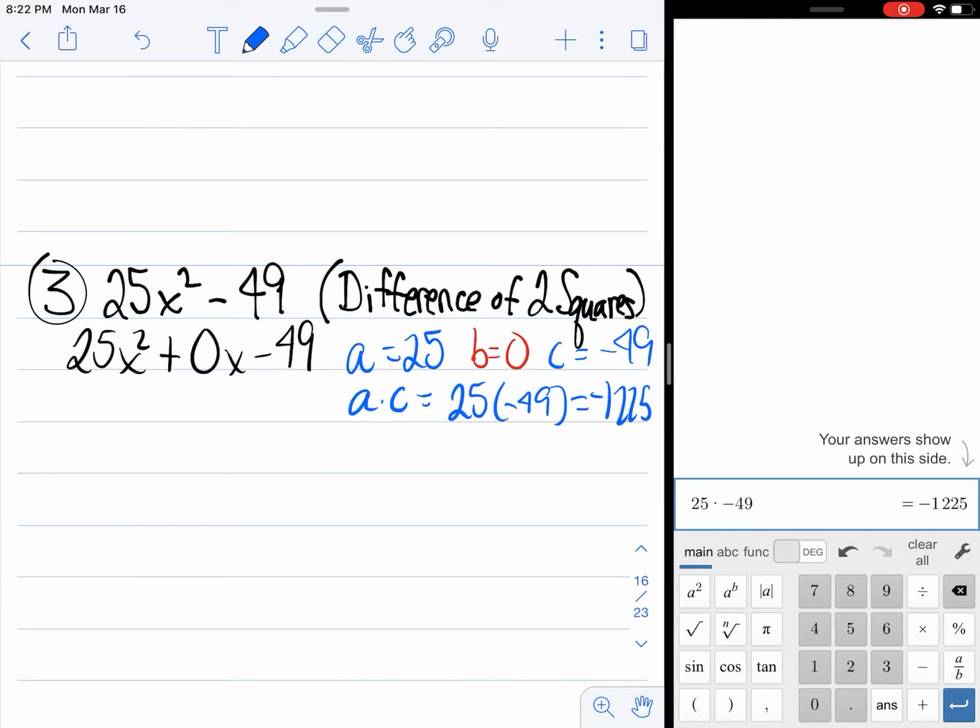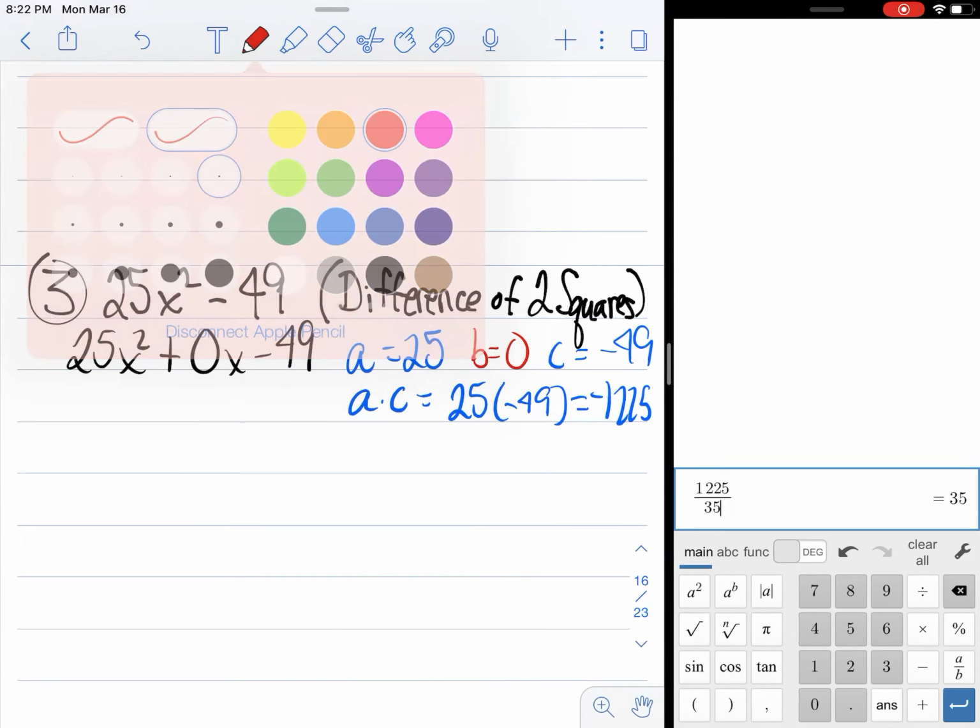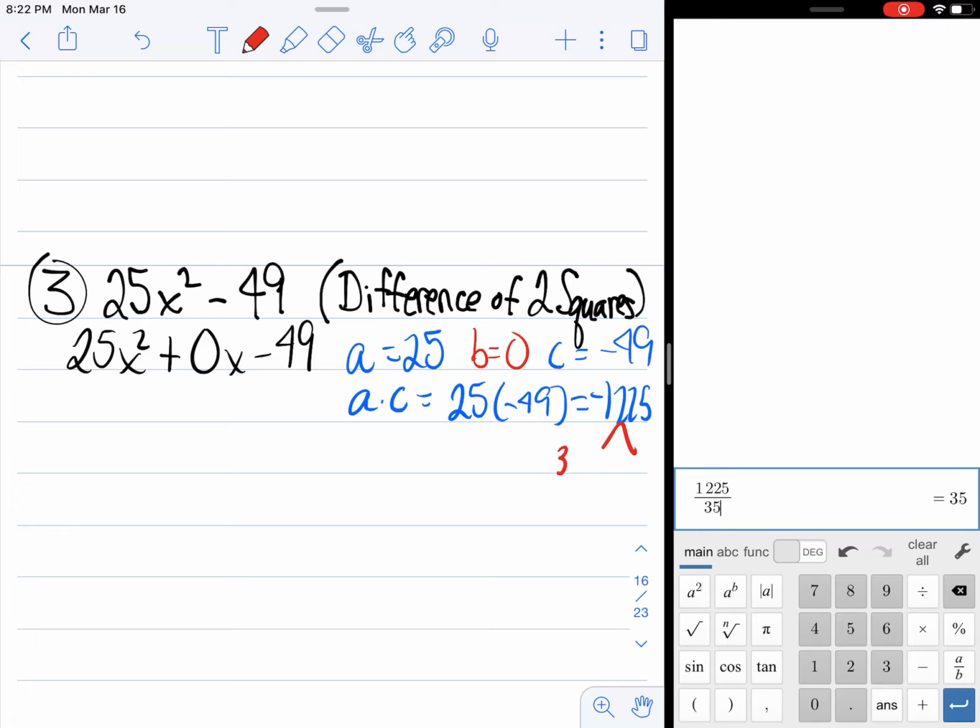If you concentrate hard enough, you'll eventually find out that I believe 1225 divides 35 evenly, and it's 35. Okay? So if you have 35 and negative 35, those add to 0, multiply to negative 1225. So that's the factor pair I need.